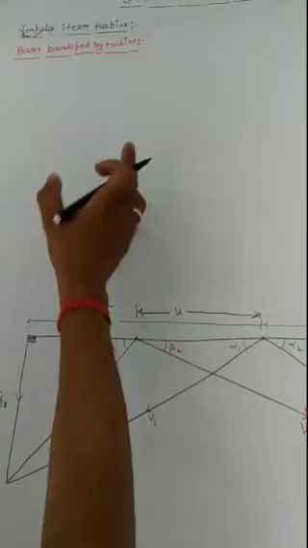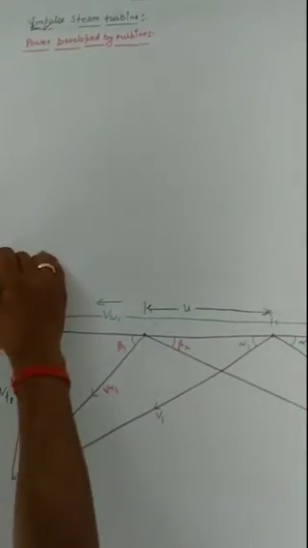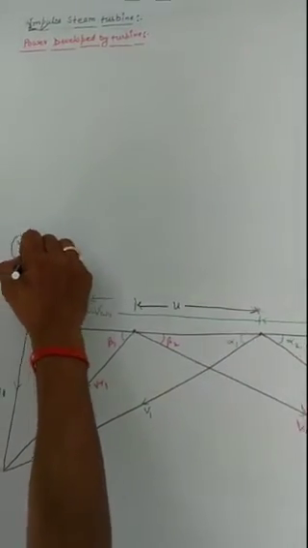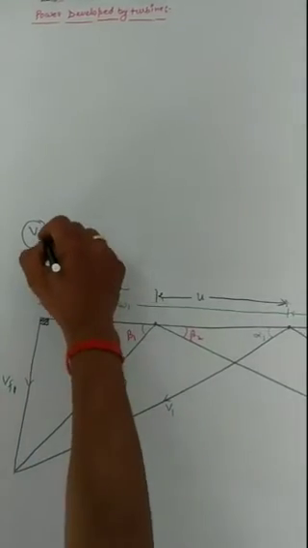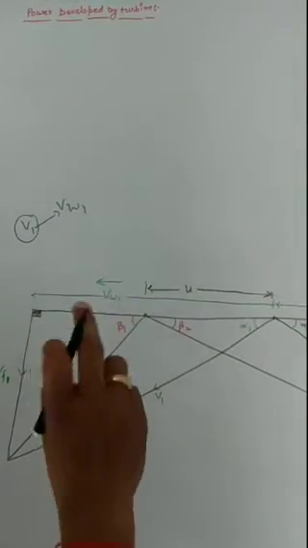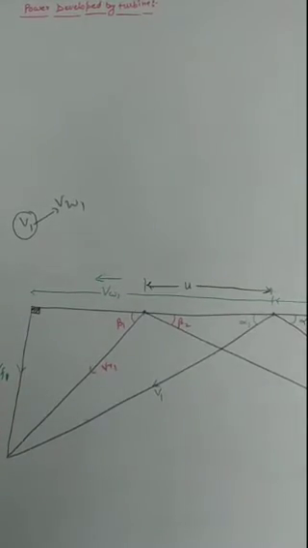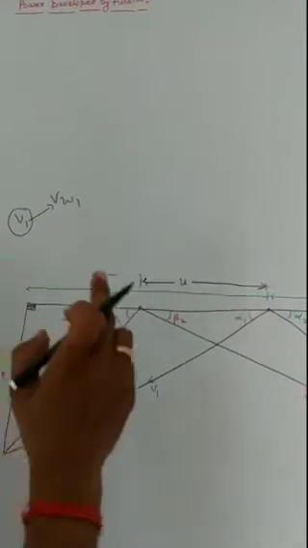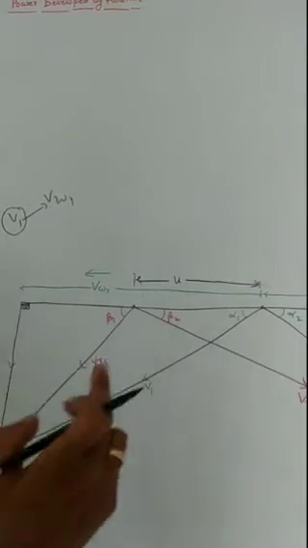Okay, we know that the work component of this absolute velocity V1, the work component VW1, is responsible for the rotation of the rotor or hub. That's why this will generate the rotation of the rotor.